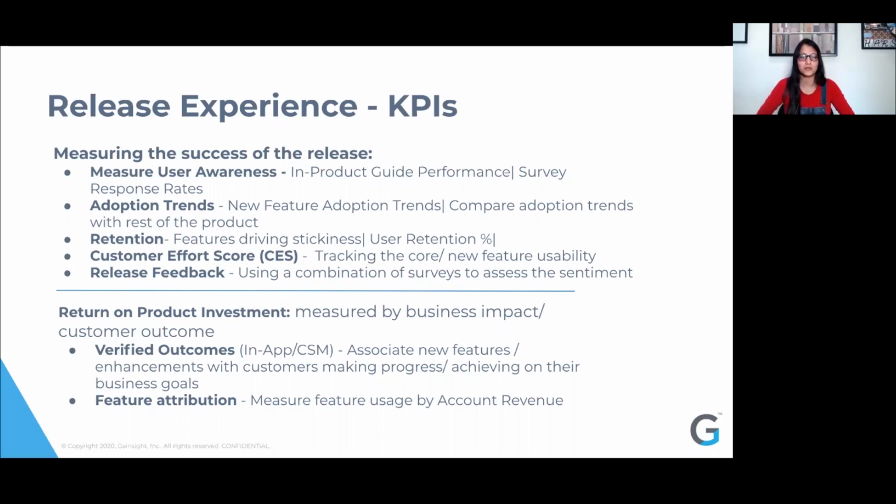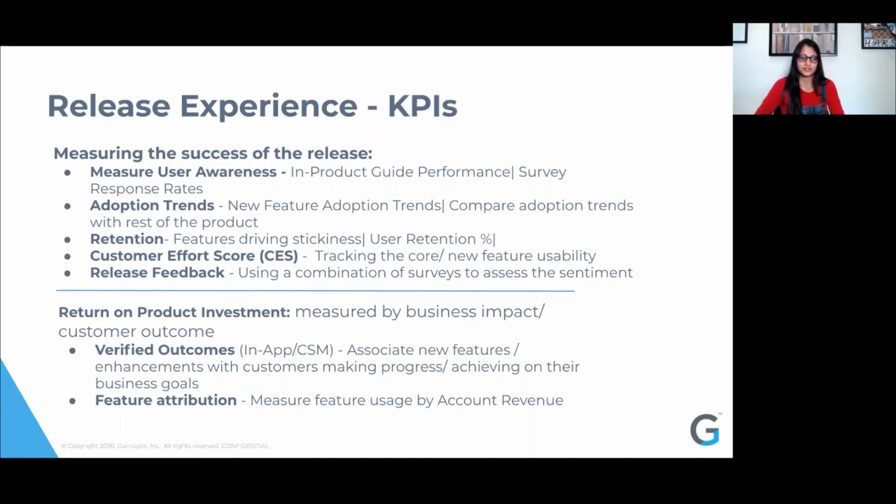So really looking at the adoption trends in the initial first few weeks is important, but also making sure that adoption is sustained, as opposed to initial adoption and then a dip later because there was lots of messaging around the release, but later there was a dip in the adoption. So those are some key trends and metrics that you want to keep a pulse on from the initial get-go of your release.